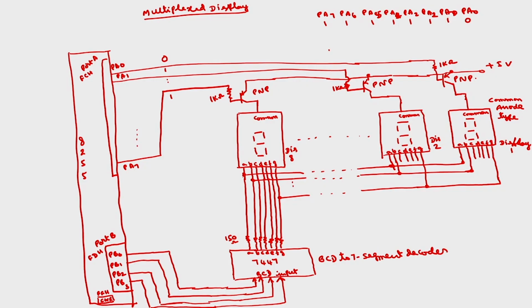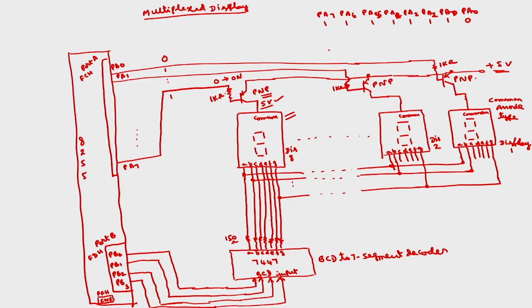Then, because this is a PNP transistor, if I apply 0 here, this particular PNP transistor will be on. It will act as a short circuit, and 5 volts will appear here. Because this is common anode type, to activate a particular display, a 5 volt signal has to be applied to the common signal.